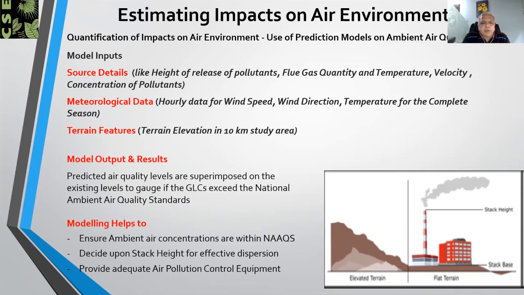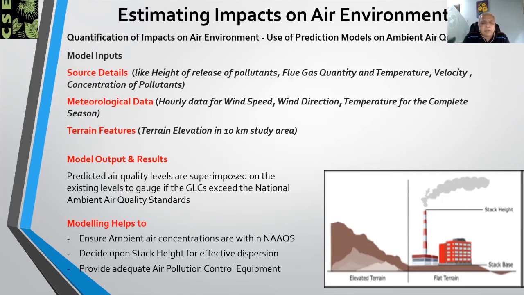And then based upon this, the model predicts the ground level concentration of the various pollutants in the 10-kilometer study area, in a grid fashion, which can be extrapolated to form various isopleths to connect the locations having similar impacts.